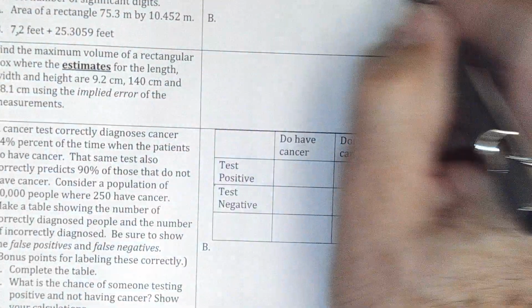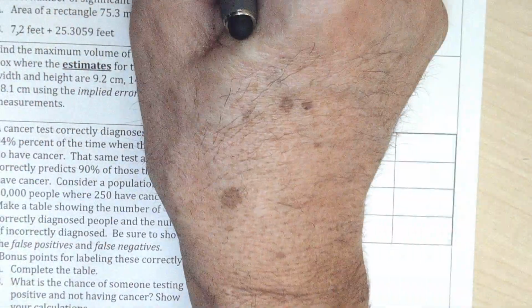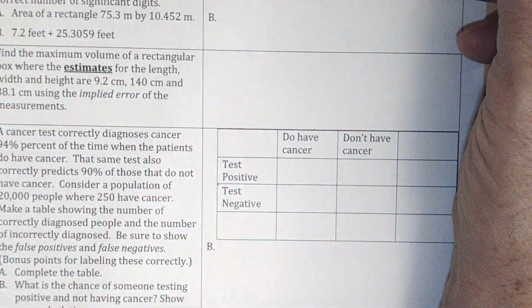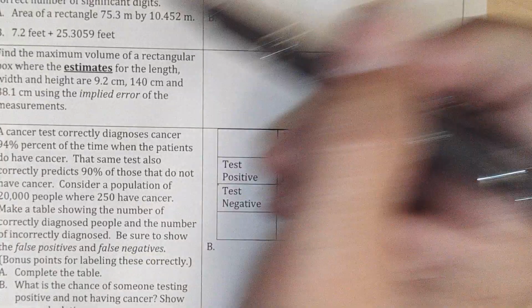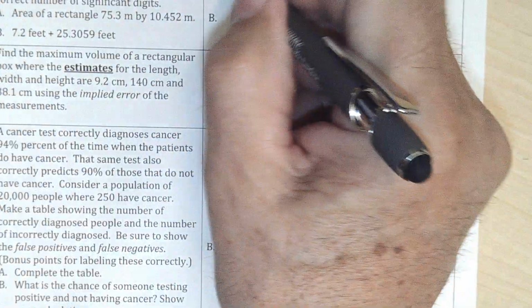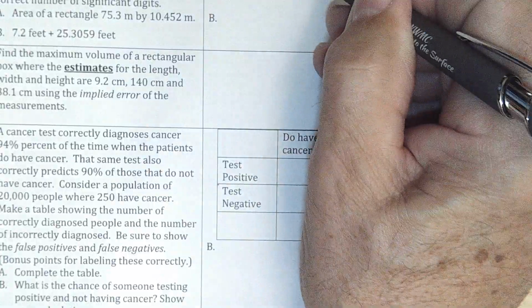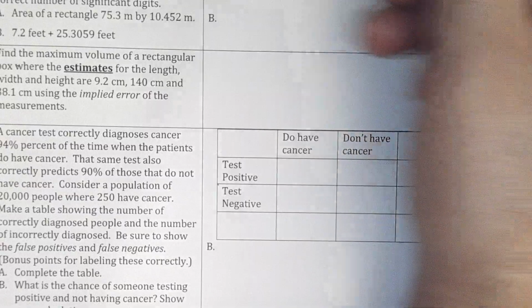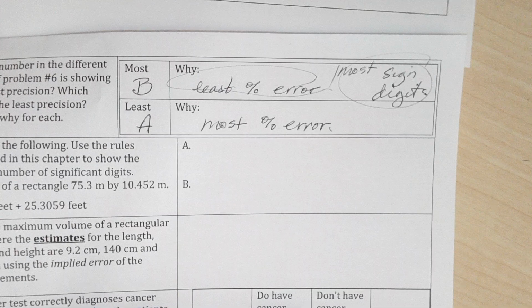Either that or this. Now, which one has the least precision? Well, both of these have 2 significant digits, but the one that has the least precision, has the most error, is A, which has the most percent error. So if you can get these right, you can answer these questions pretty easily. Okay? Oop, I didn't have that where you could see it.